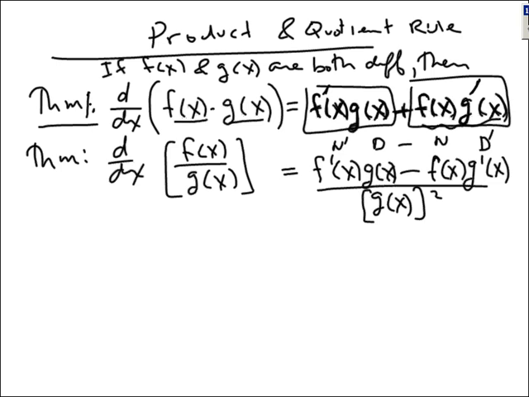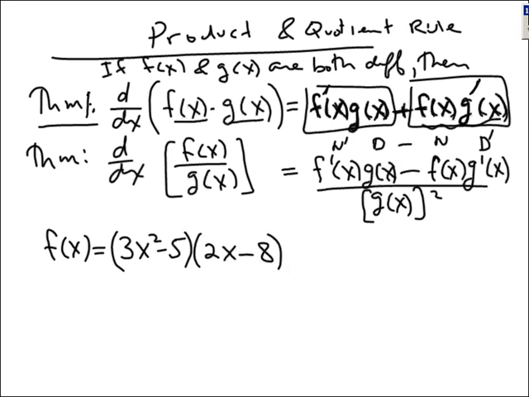over the bottom squared. For example, if somebody told you that f of x is 3x squared minus 5 times 2x minus 8. Now you could multiply this out, get a nice polynomial, take the derivative like we did last section. Or you could use the product rule.